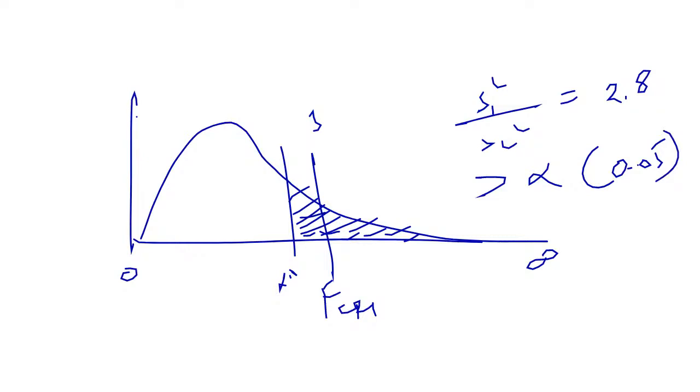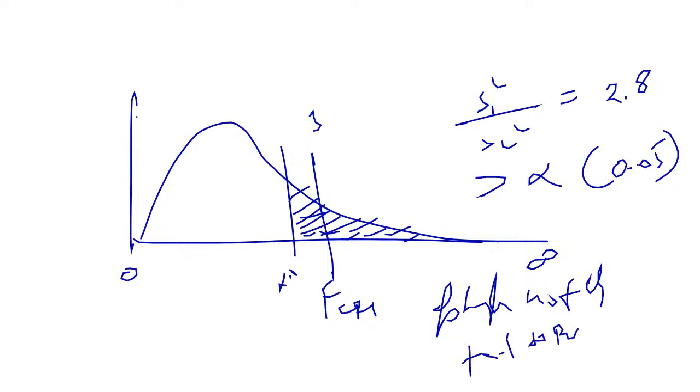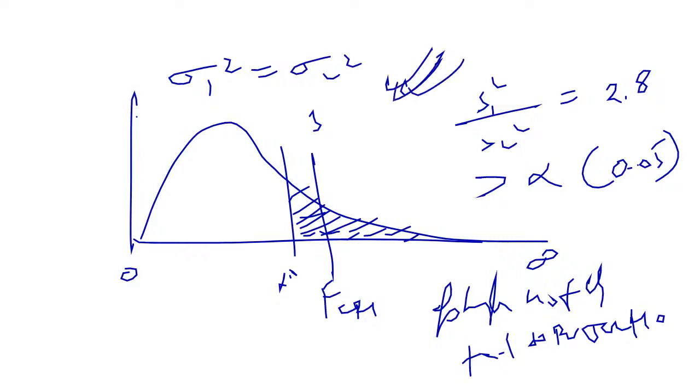So because P is high, null fly, fail to reject null hypothesis, which means my assumption that the two variances are equal is acceptable. This is the application. This is the entire simple math.